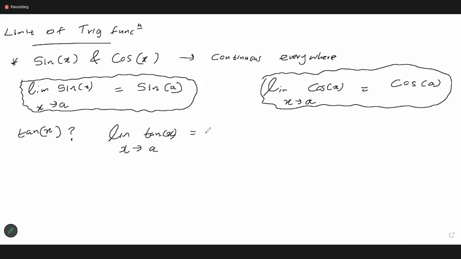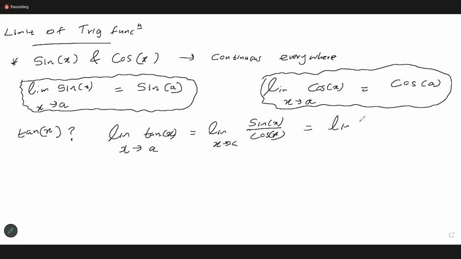You can write it like this: limit as x approaches a, this function you can write as sin x over cos x. Then you can apply some basic properties of limits. If this is a division, you can apply the limit separately to this division. That's the basic rule.